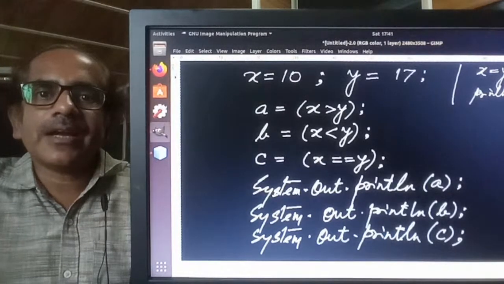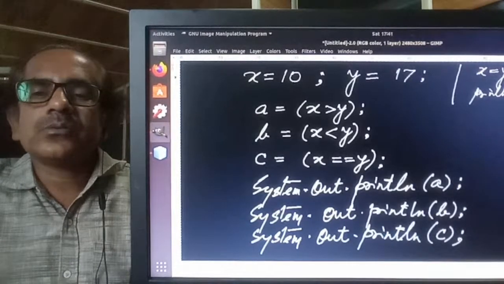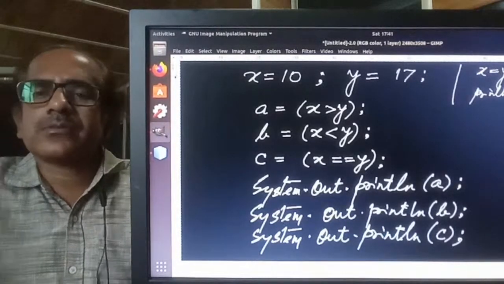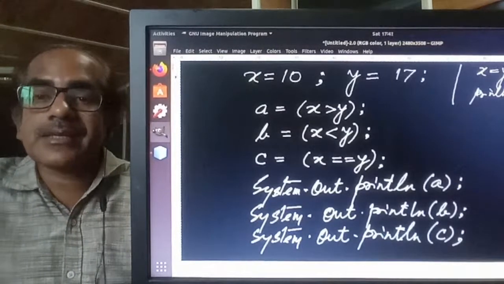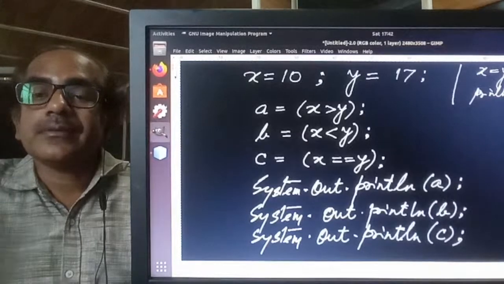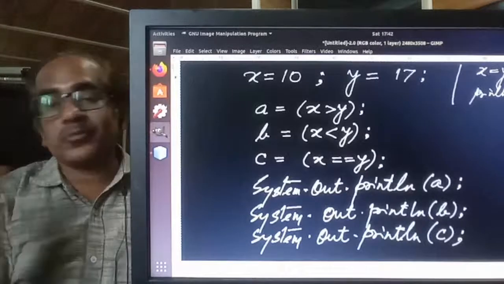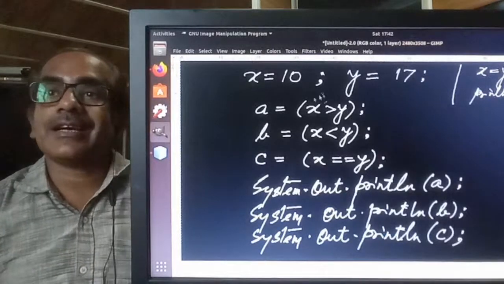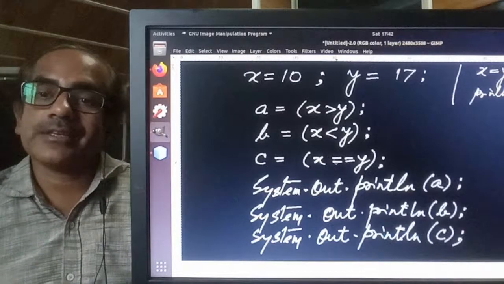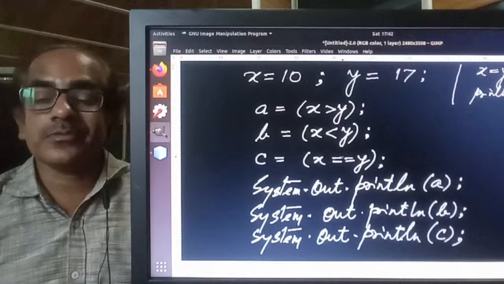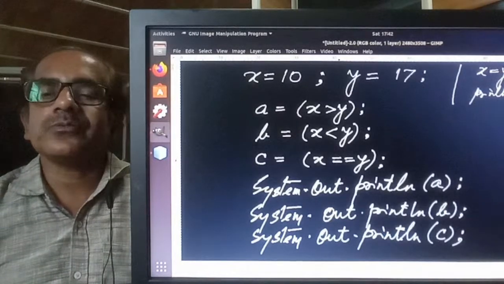Assignment is the setting up of values and comparing is a test. Those are two different tasks. That is why in Java two different forms of the equal to sign are used. Single equal is used for assignment and double equal to sign is used for comparison.